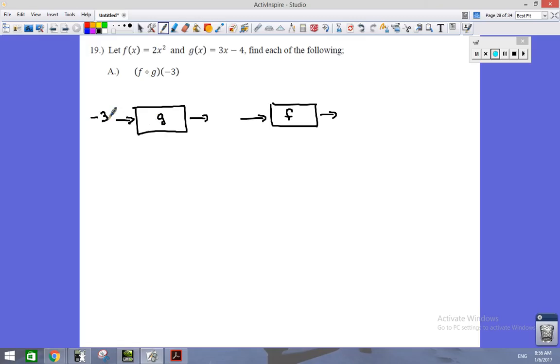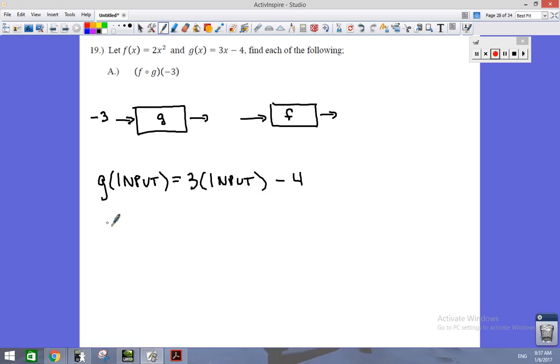G always creates a subtraction problem. That's its job. It takes the input, whether it's a simple number like -3 or some crazy complicated expression, and it creates a subtraction problem. Its first term is always 3 times this input, and its second term is always the number 4.